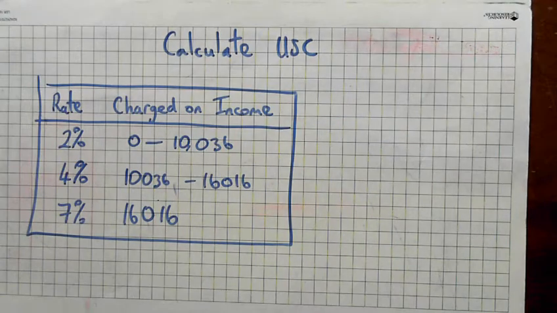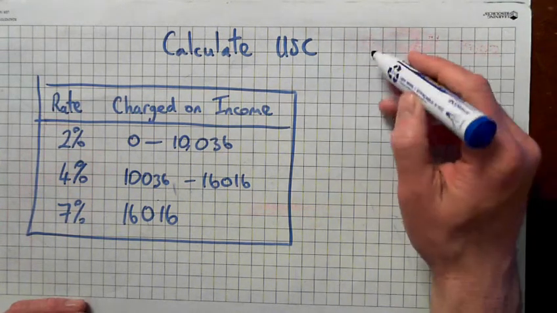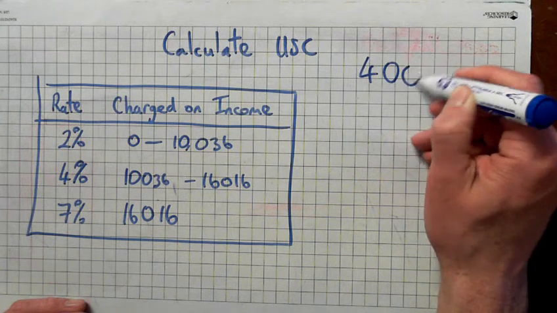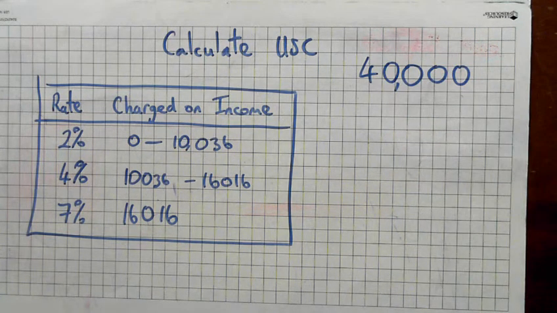So if I said to you, right, earning 40,000, let's calculate USC for 40,000. So remember, USC is another charge, so once you calculate your USC, you'll be taking it away from the money that you take home.